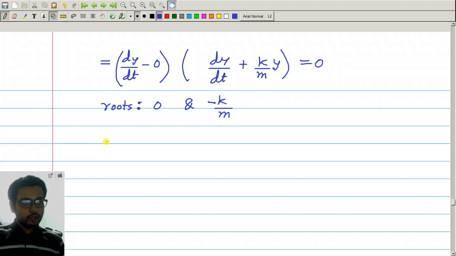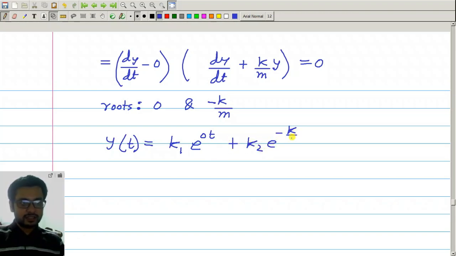Therefore, the solution of this equation will be a combination of complementary solutions like this: k1 e to the power 0t plus k2 e to the power minus (k by m)t.